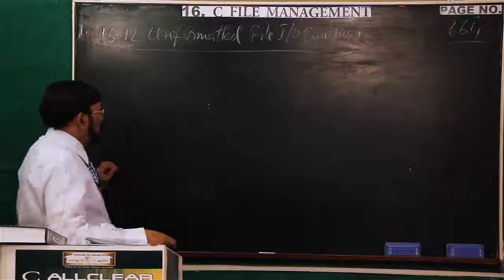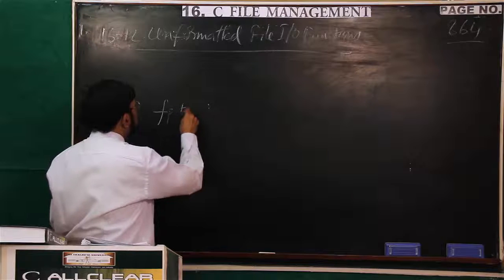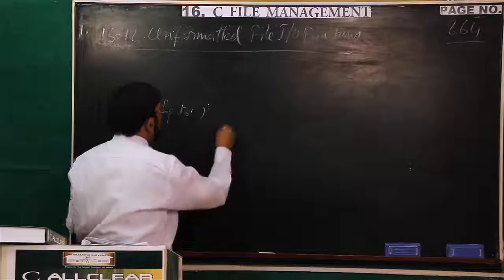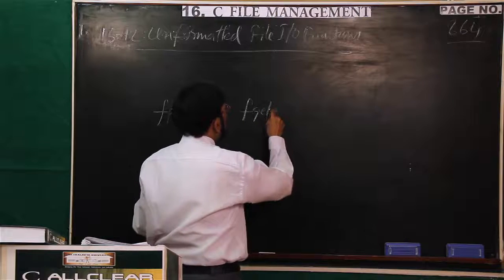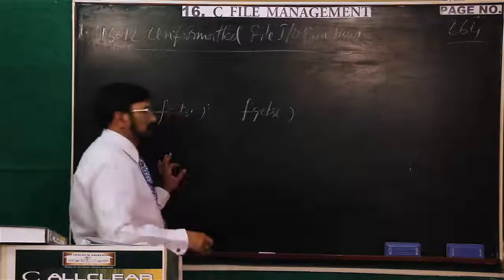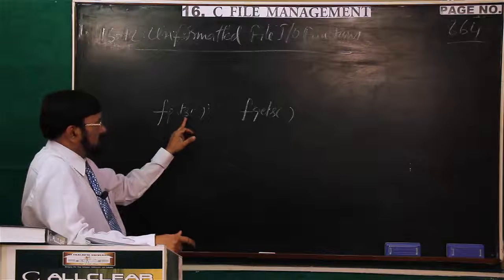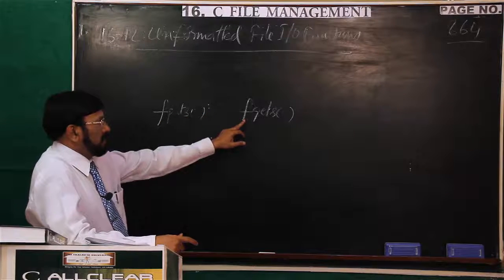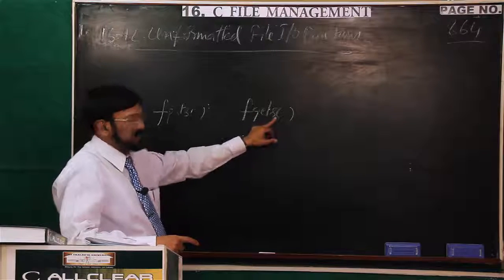Two sets. One is fputs and fgets, its counterpart. F is file, put is writing, S is string; F is file, get is reading, S is string.